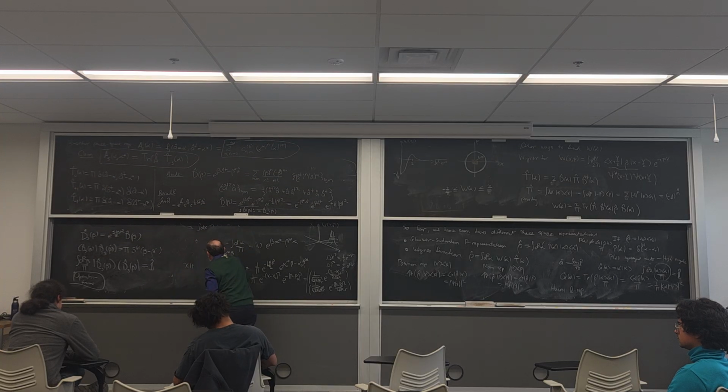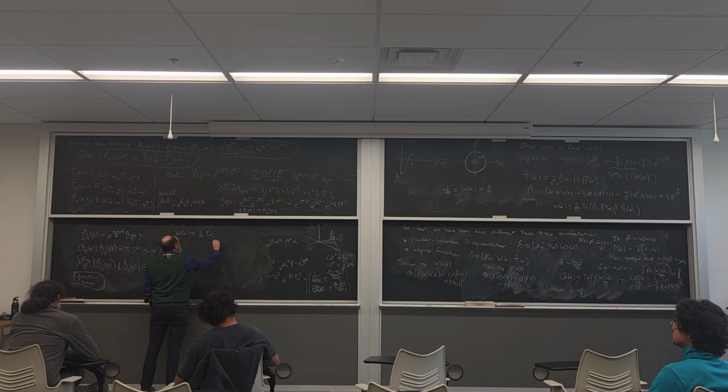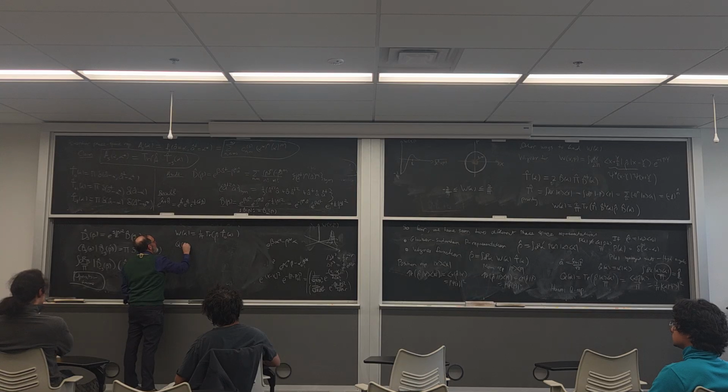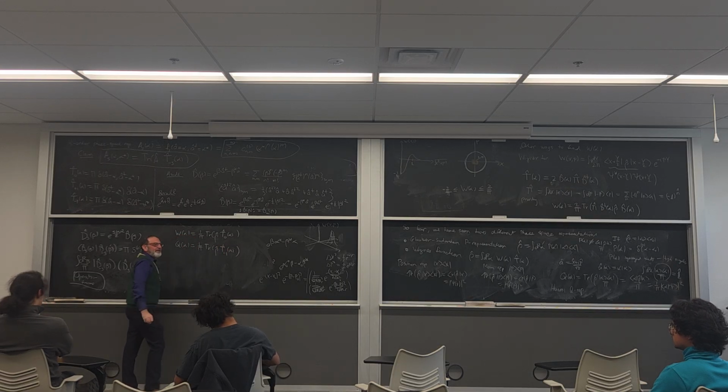I'll just preview one last fact. The Wigner function is a symmetrically ordered representation. The Q function is the normally ordered representation.